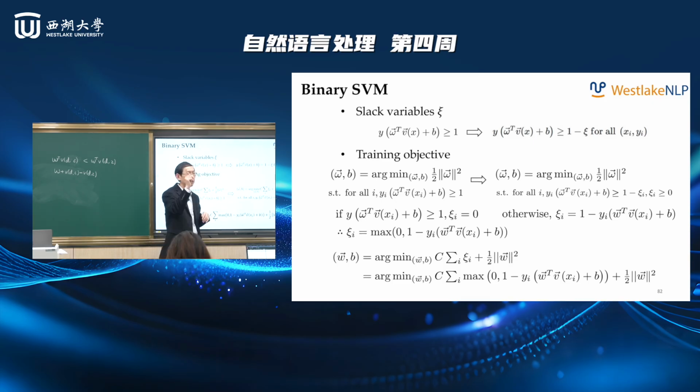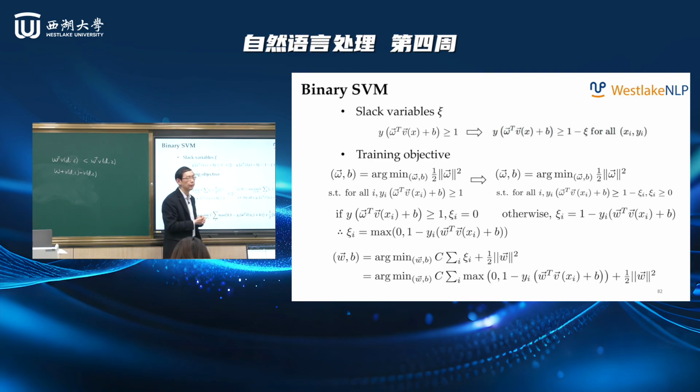I want to maximize 1 over W norm, and I want to minimize the slack variable as well. Each training instance has a slack variable, a violation. If I want to minimize the two things, I no longer have constraints, because the constraint is already expressed in my slack variables.